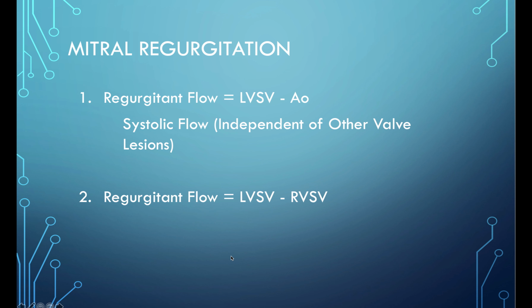Because if there is a mitral regurgitation, the measured left ventricular stroke volume tells you how much blood came out of the left ventricle, but it does not tell you the direction of the blood. So if there is a regurgitation, you would expect the stroke volume from the left ventricle to be more than the right ventricle. Subtracting both of them would tell you the amount of the regurgitation.